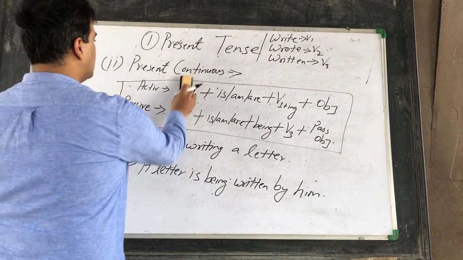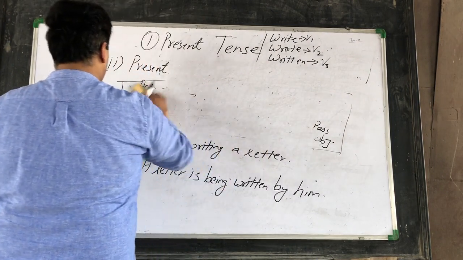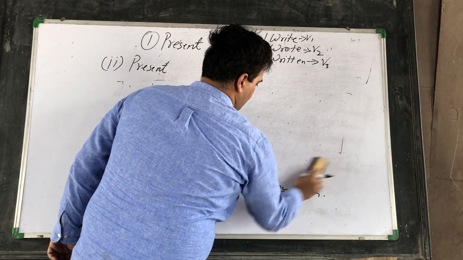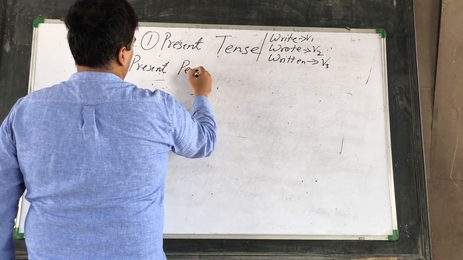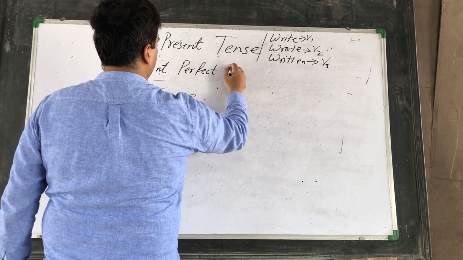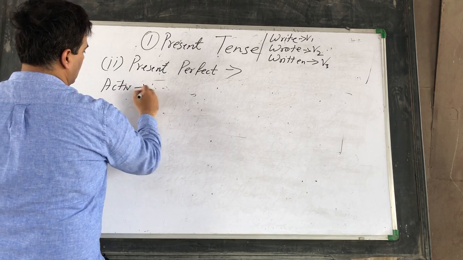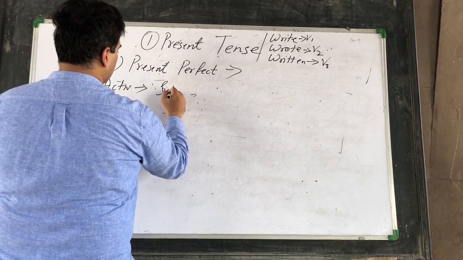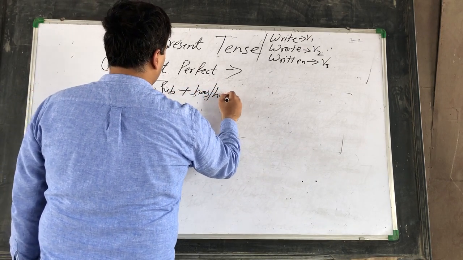Let's move on to the next tense, which is present perfect. Let us see the structure here. In the present perfect, subject plus has or have.